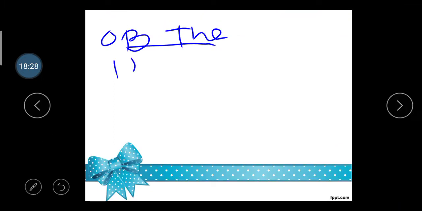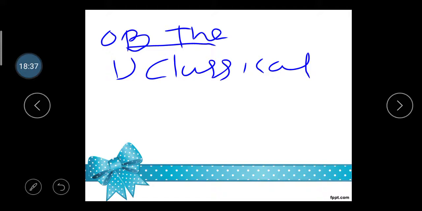The first theory is the classical theory. What is the meaning of this classical theory? This theory was developed by the Russian psychologist Ivan Pavlov. The classical theory indicates that learning is conditioned, based on stimuli and the response to the stimuli.